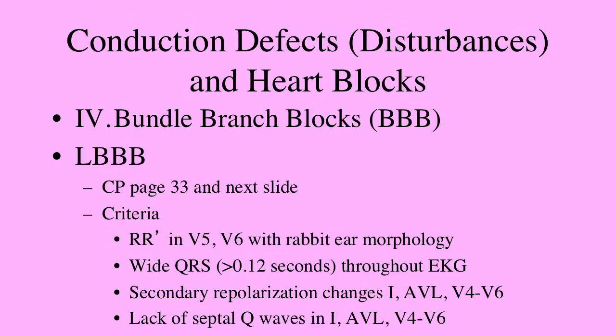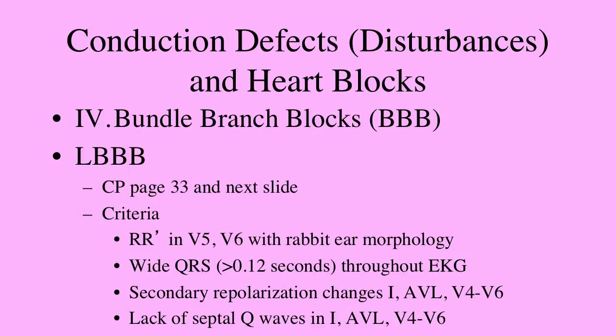The reason for this is that the left bundle is blocked or damaged, and so it's a little slower to respond. You cannot have a small or septal Q wave in those leads. And so those are the criteria for left bundle branch block. That's a good example on page 33.